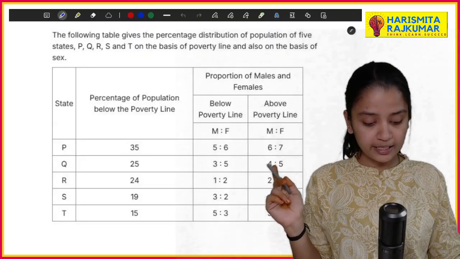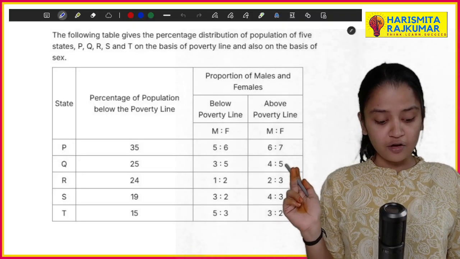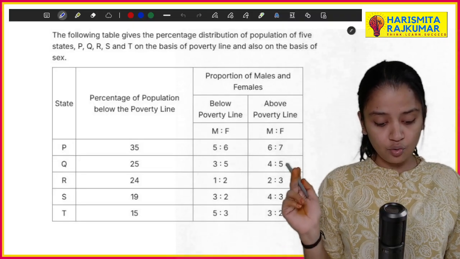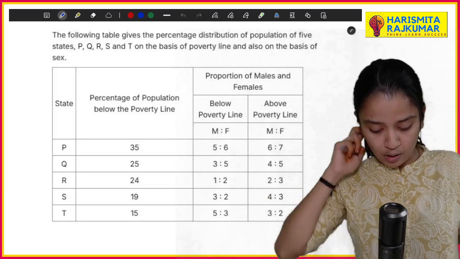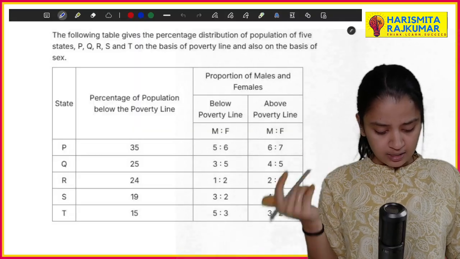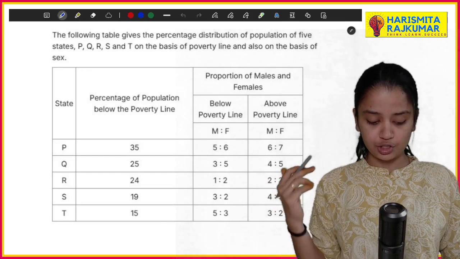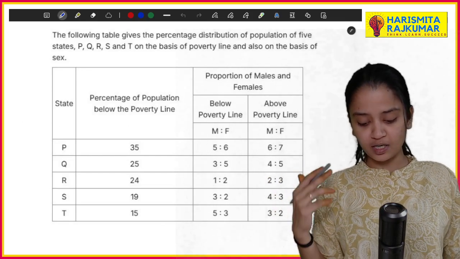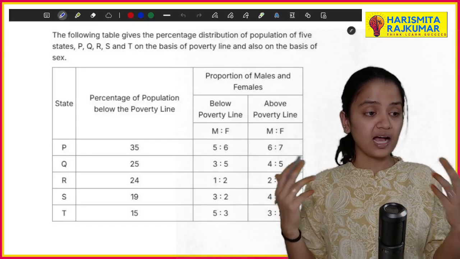Now, the following table gives the percentage distribution of population of 5 states P, Q, R, S, T on the basis of poverty line and also on the basis of sex. The table shows the state, the percentage of population below the poverty line, and the proportion of males and females below the poverty line and above the poverty line.